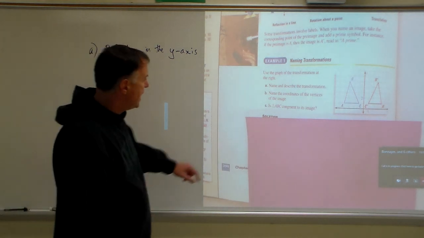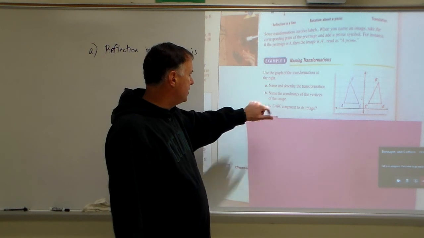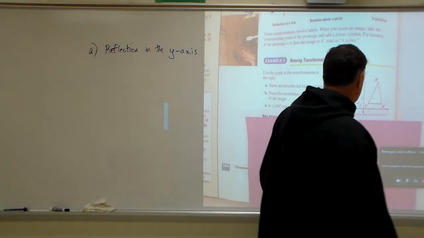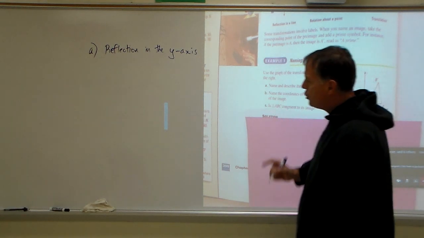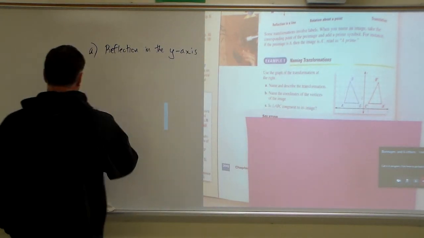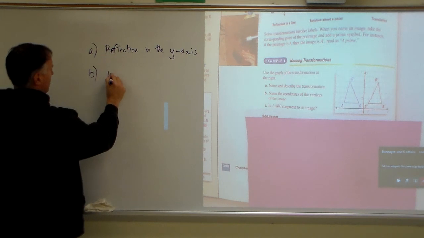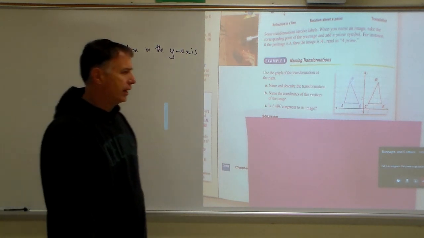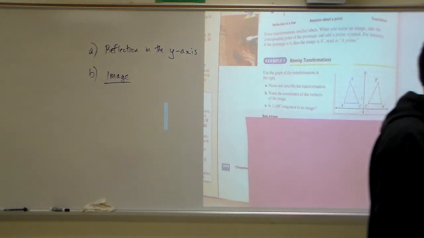Now it says, name the coordinates of the vertices of the image. So the image is the new points of the new figure. In this one, if you look and say, well, how can I tell which one's which?